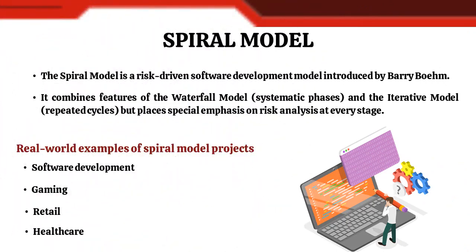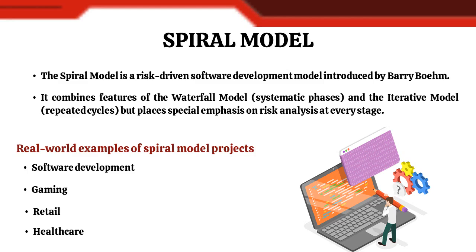The spiral model is a risk-driven software development model introduced by Barry Boehm. It combines the strength of two models: the waterfall model with its systematic and structured phases, and the iterative model with its repeated cycles of development.